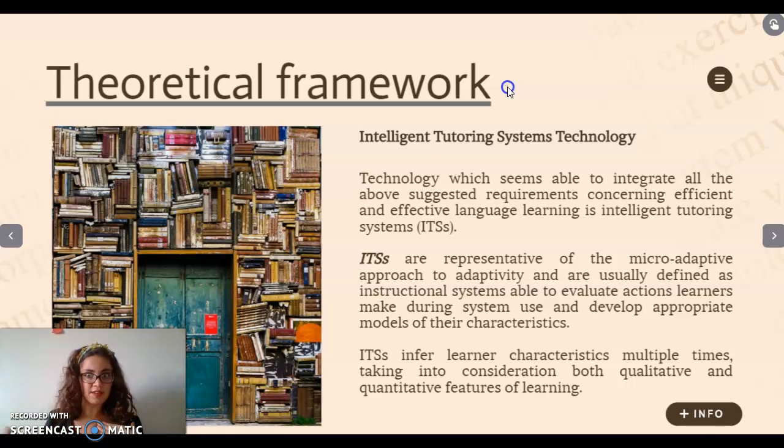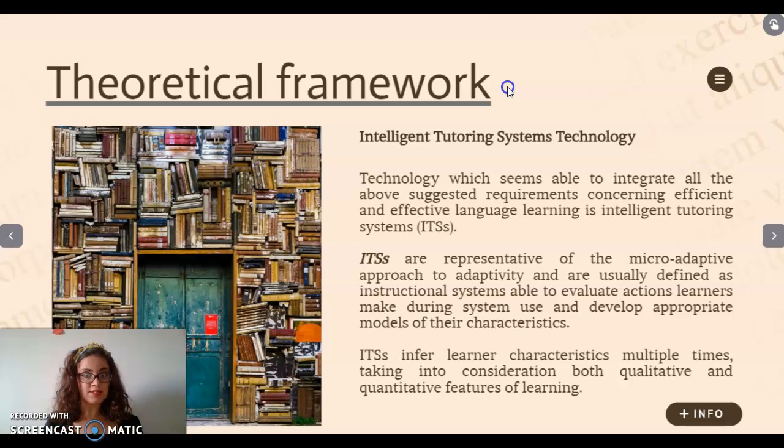They are representative of the micro-adaptive approach to adaptivity and are usually defined as instructional systems able to evaluate actions learners make during system use and develop appropriate models of their characteristics. It's very interesting.